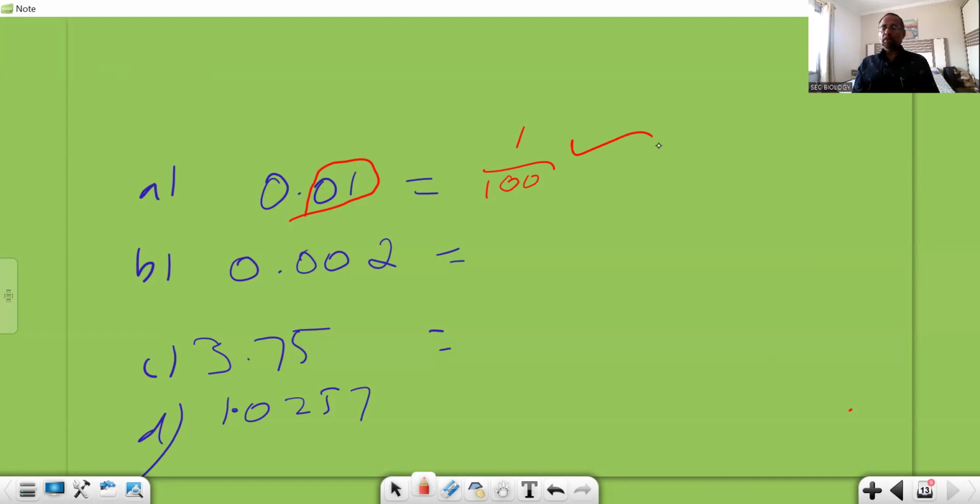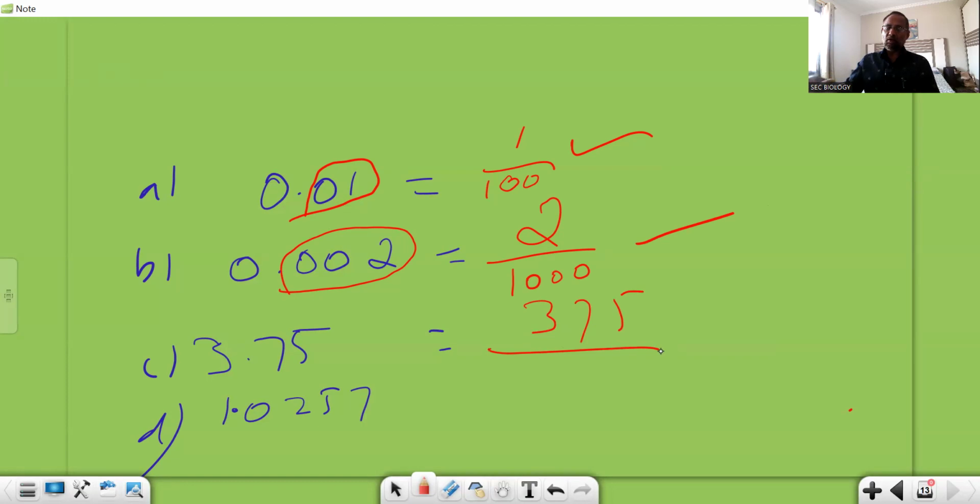Yes, correct. Here 3 decimal places: 2 by 1000. Correct. Now 3.75, that is 375. How many decimal places? Not 1; the 3 is the whole number part, so 2 decimal places, by 100, 2 zeros. Here, don't confuse.